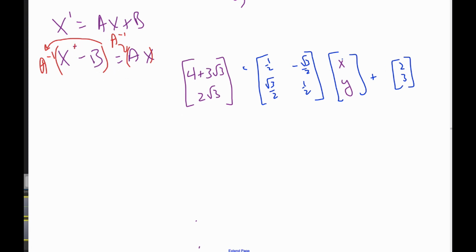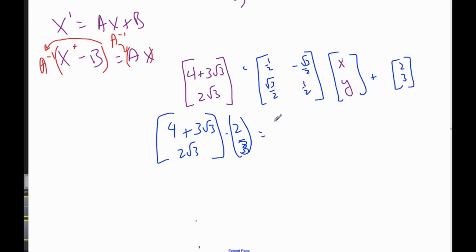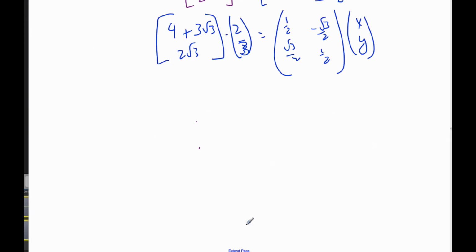So I'm going to subtract over the 2 and 3. So 4 plus 3 root 3, 2 root 3, minus 2 and 3 is going to equal 1/2, root 3 over 2, minus root 3 over 2, 1/2, times x y.